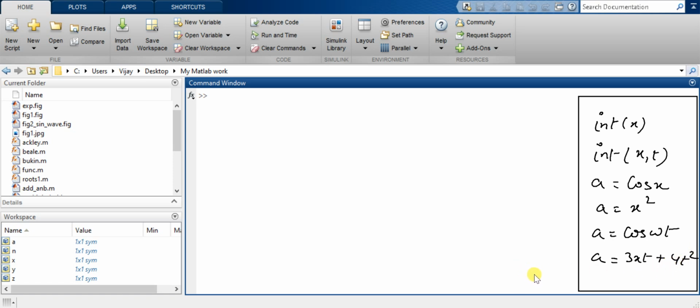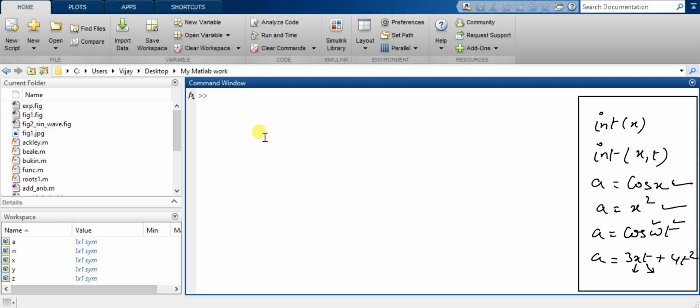Now we have to integrate all these four expressions. In the first we have to integrate with respect to x. In the second also we have to integrate with respect to x. In the third we have to integrate first with respect to w, and then secondly with respect to t. Similarly in the fourth we have to integrate with respect to x and then with t. Now let's try to code.